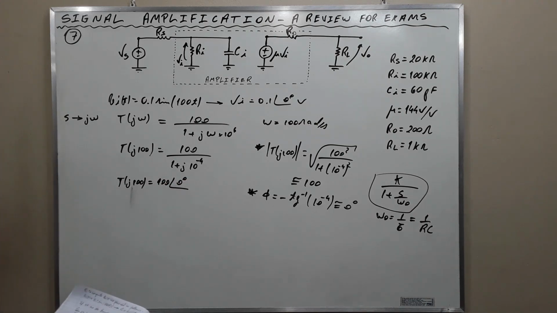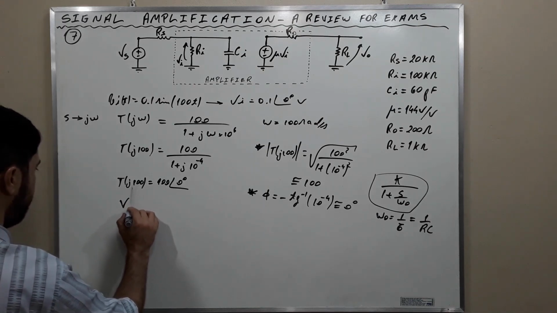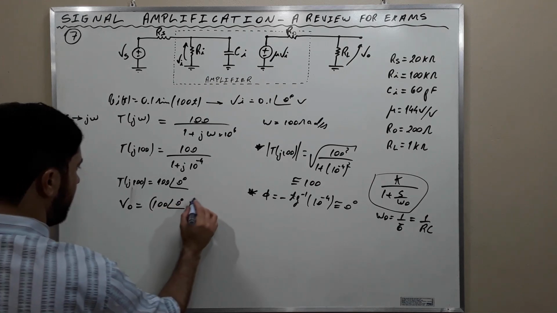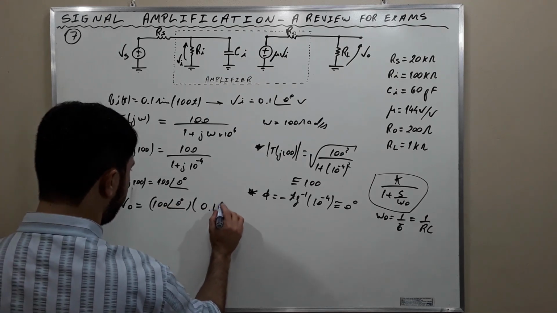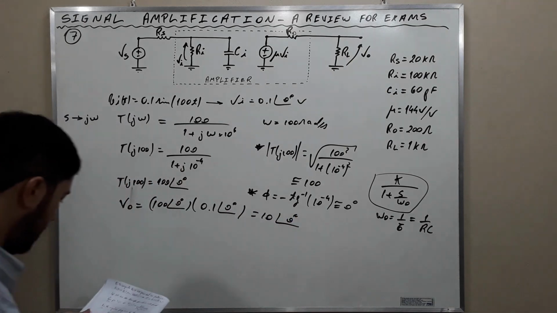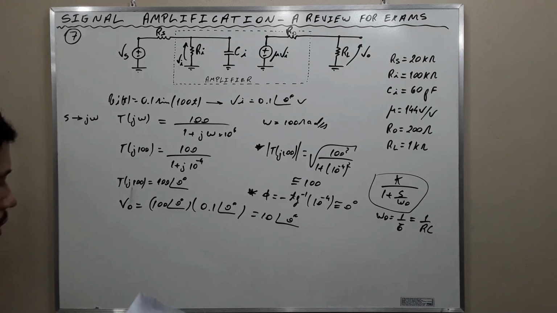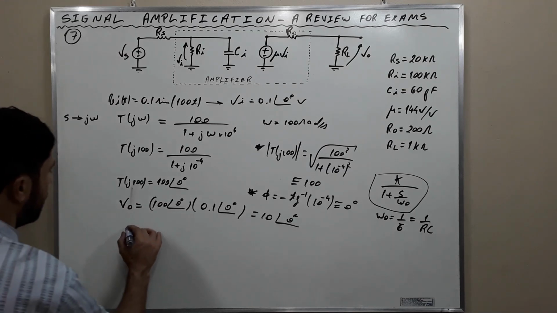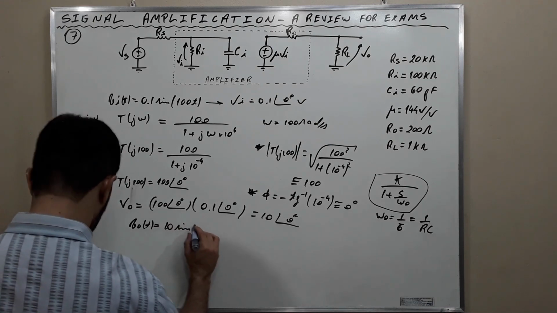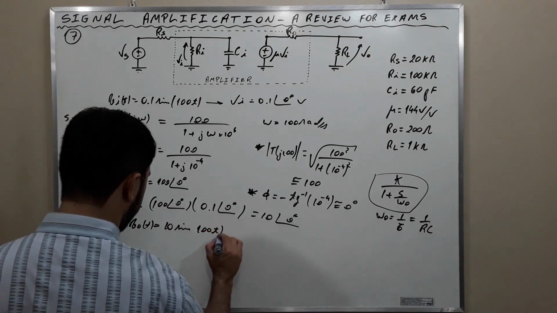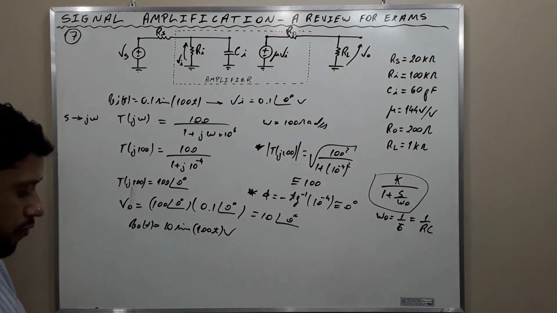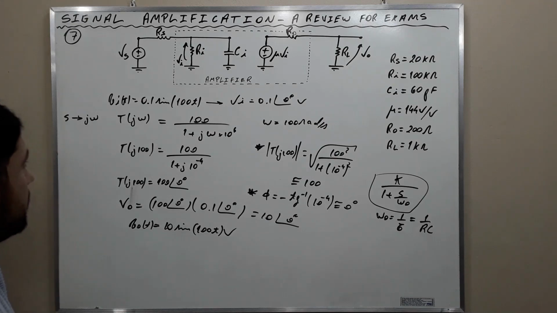To calculate the output phasor, we multiply the transfer function by the input phasor, and we find 10 phase 0 degrees. To finish, we convert this to the time domain, which is 10 times the sine of 100t volts. My friends, this is all for exercise 7.